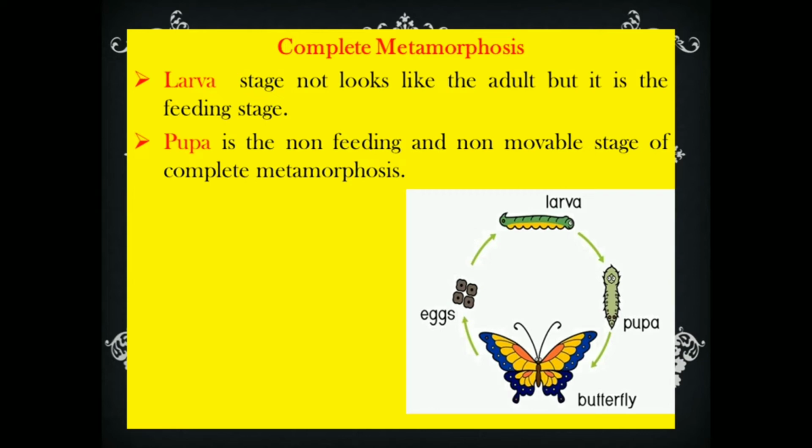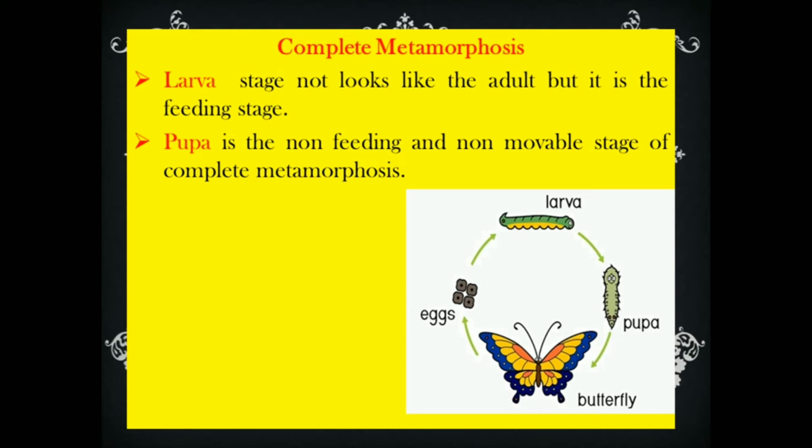So from this picture you can see that the larva will never look like the adult. The larva looks worm-like. It has a worm-like structure, and then will change into pupa, and the pupa will be covered by a hard shell.